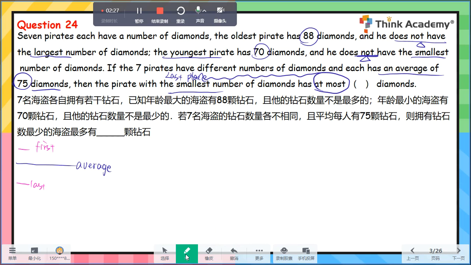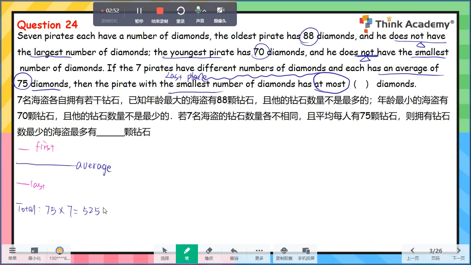And also, as the question has already told us two numbers, we can first find how many diamonds they have in total. The total amount should be equal to the average times the number of pirates. So it would be 75 times 7, which is 525.